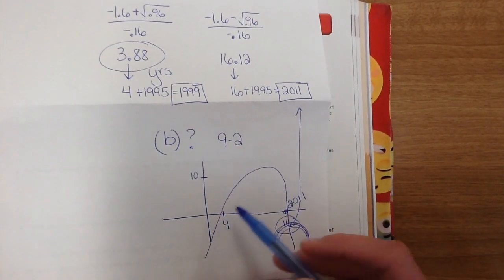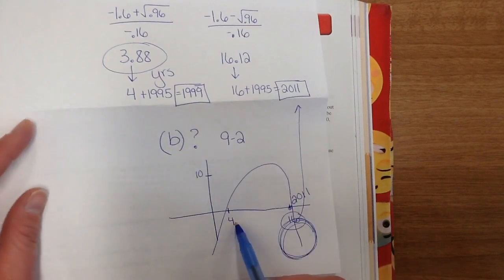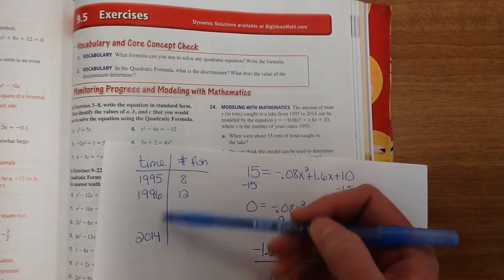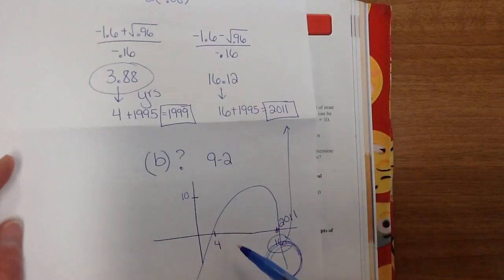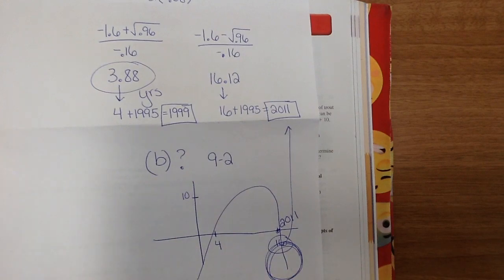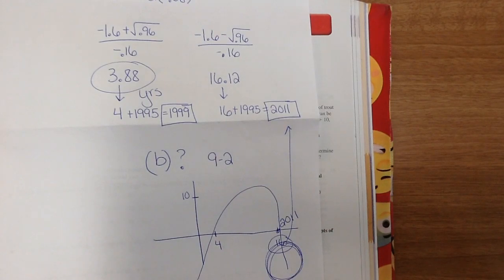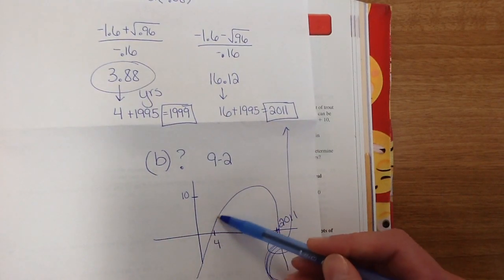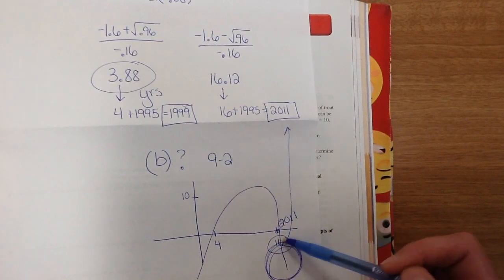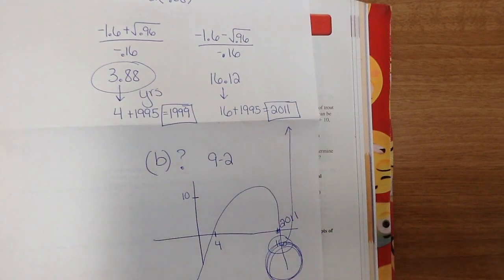So even though this equation might have modeled the data that they collected, it's probably not the best for a real life scenario because it's fish being caught. We don't ask you to do the explaining ones, but I still think it's good for you to look at this and see that sometimes even though the data may fall into a parabola, it's not always the best representation.